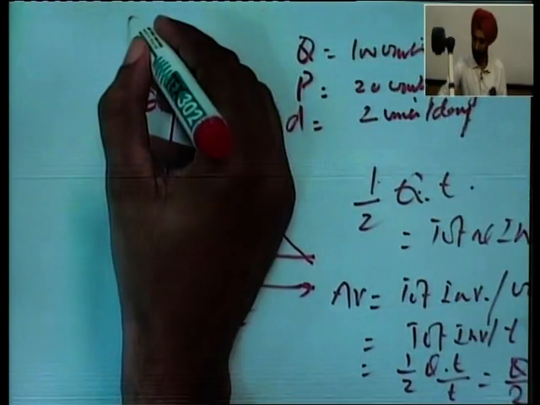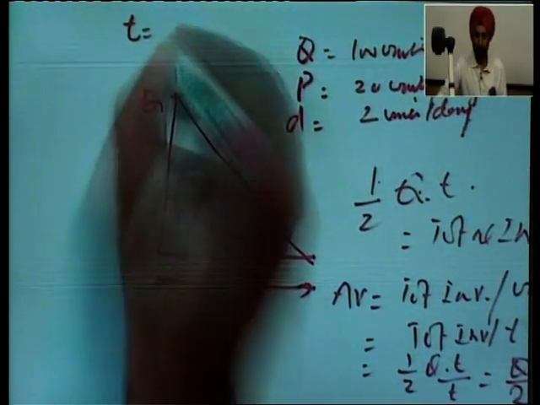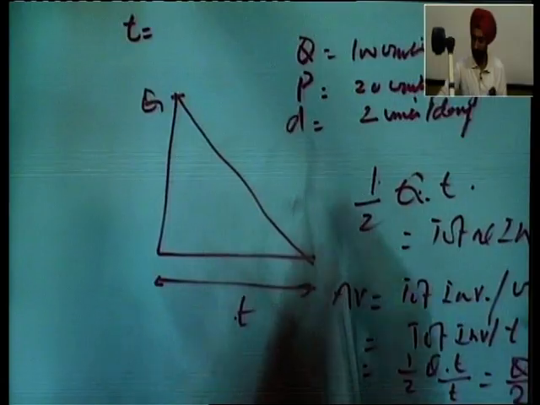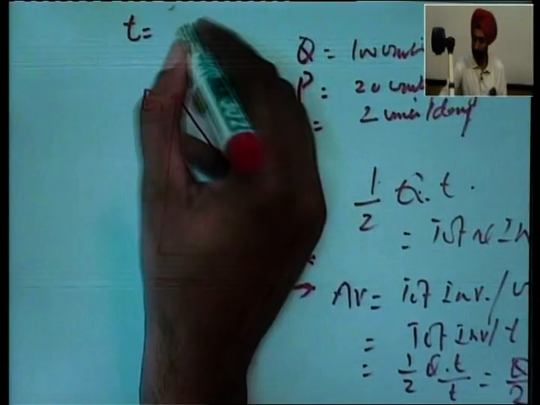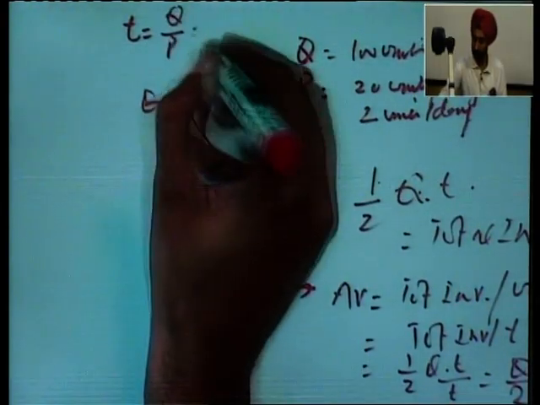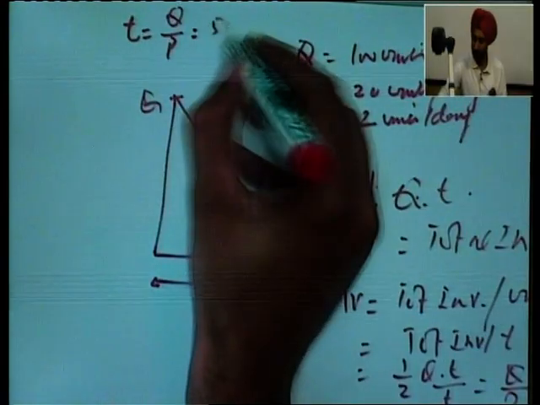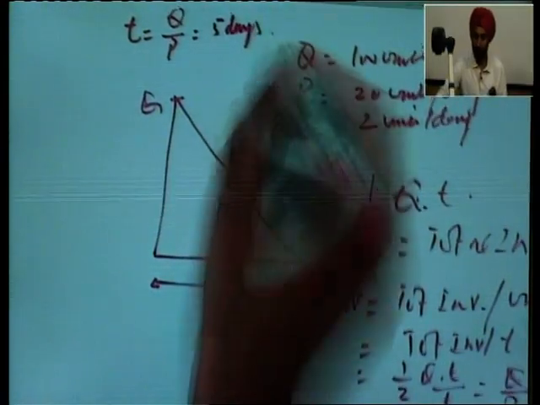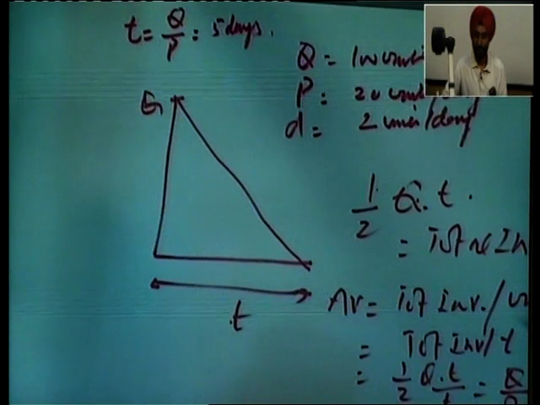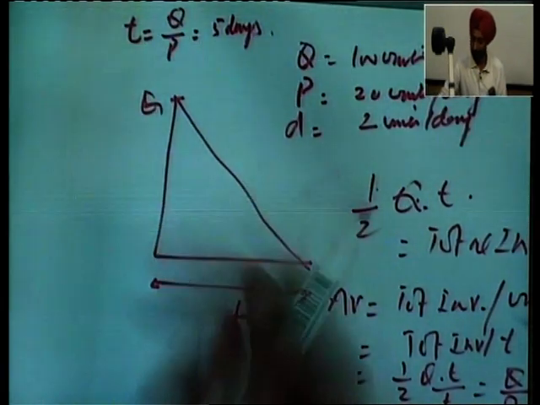Now if I have to mention a T, that in how much time this inventory will be replenished, then this will be Q by P, that is 100 by 20, that is 5 days. In these 5 days, what will be the total usage?